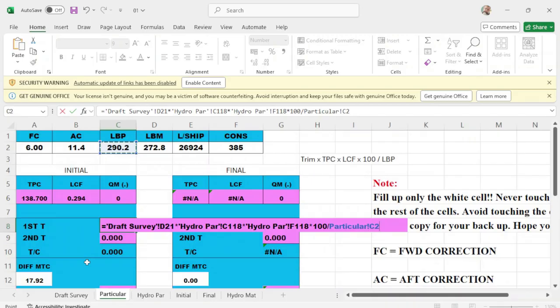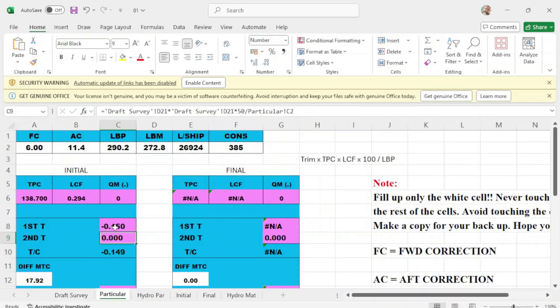Enter. There you go. So again, trim times TPC times LCF times 100 over LBP is 1.015.